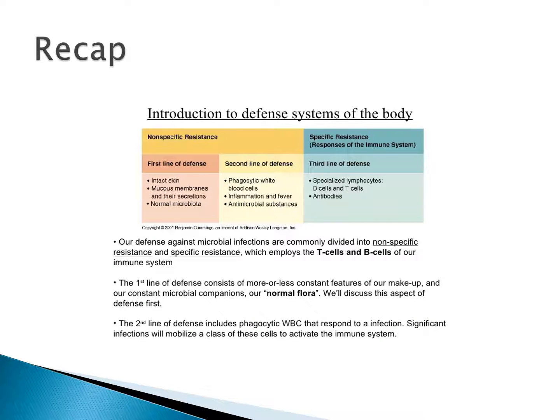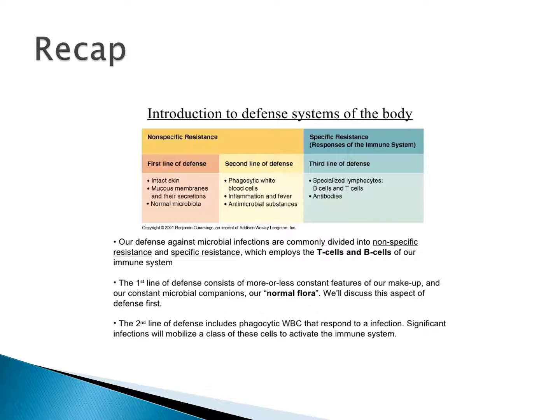So to recap, the introduction to defense systems of the body. We've done non-specific resistances such as intact skin, mucous membranes, their secretions, normal microbiota. We've talked about the second line of defense, which is white phagocytes. Then we've talked about inflammation. We've talked about antimicrobial substances like the complement system, which can go in and attach to P. acne and poke holes in it.